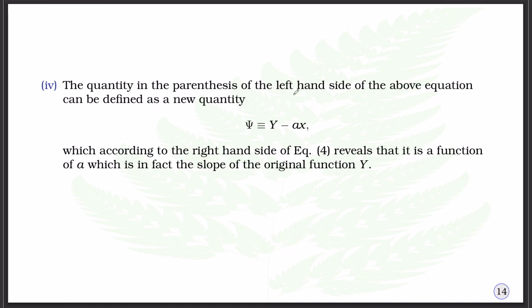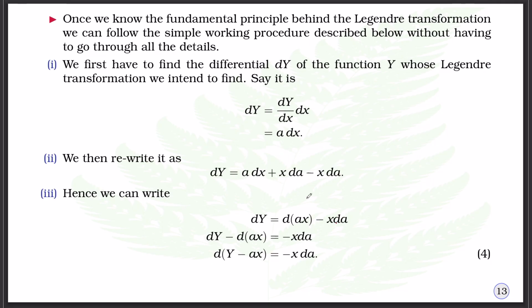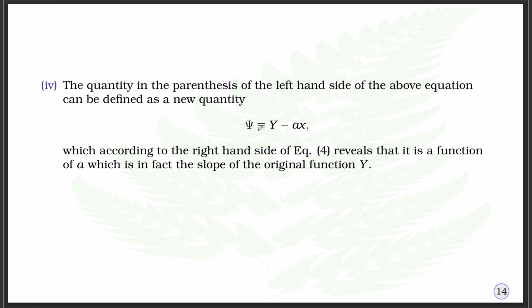Now the quantity in the parenthesis on the left hand side of the above equation can be defined as a new quantity, phi, equivalently written as y minus ax. This y minus ax is defined as phi, which according to the right hand side of equation 4 reveals that it is a function of a, which is in fact the slope of the original function.